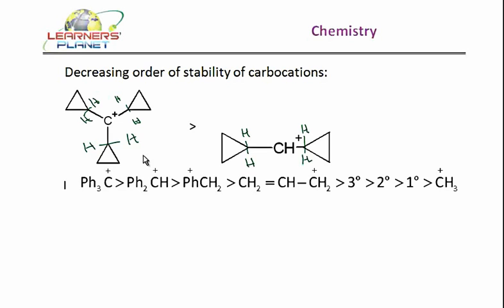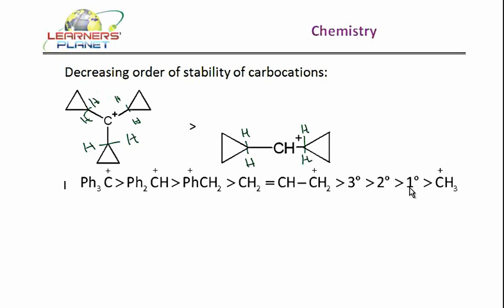So which is more stable? Tricyclopropyl carbocation. Now see, this is triphenyl carbocation and then biphenyl carbocation. Triphenyl carbocation will be more stable due to resonance. Then biphenyl carbocation, then this benzyl carbocation. Then there is allyl carbocation. Because of the resonance stability, it is more stable than tertiary. Tertiary carbocation is more stable than secondary carbocation.